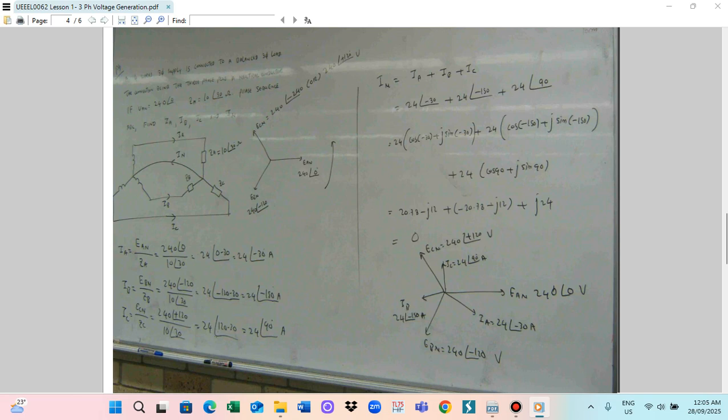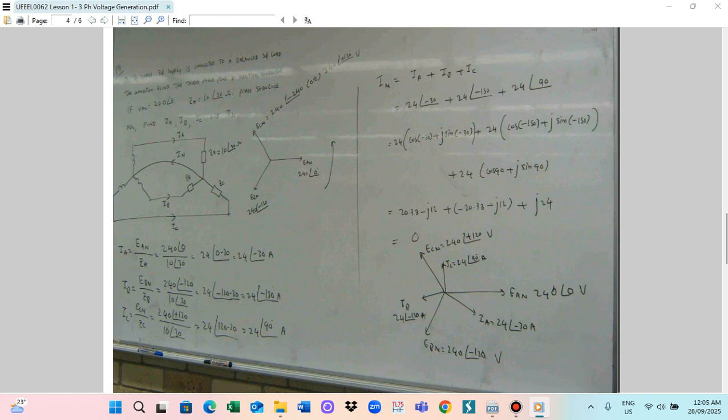Also, VBC is VBN minus VCN. Similarly, VCA is VCN minus VAN. So this is the formula. This is the solid formula.